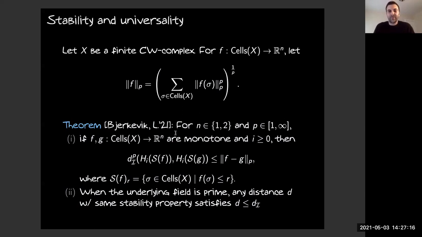And then the result says that if you have any functions from the set of cells of X into R^n, and they're monotone in the same way that we saw before, so you have a well-defined sublevel filtration, then the P norm of the difference between these functions is an upper bound for our P presentation distance between the homology modules of the sublevel filtrations of these functions.